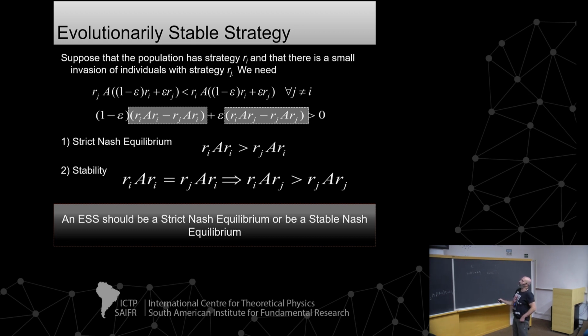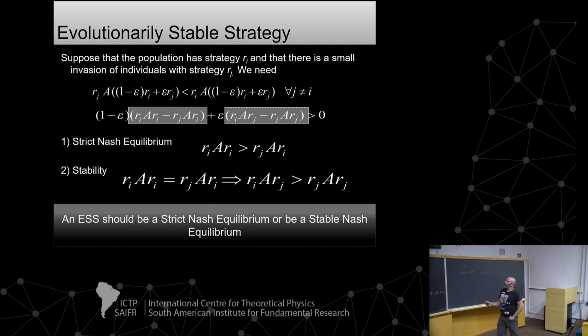So let's move this expression and write this. I will move this from here to here, and now I have the following: 1 minus epsilon times Ri against Ri minus Rj against Ri, so I am just rearranging the expression, plus epsilon times Ri against Rj minus Rj against Rj. This is the same as this, just rearranging the terms.